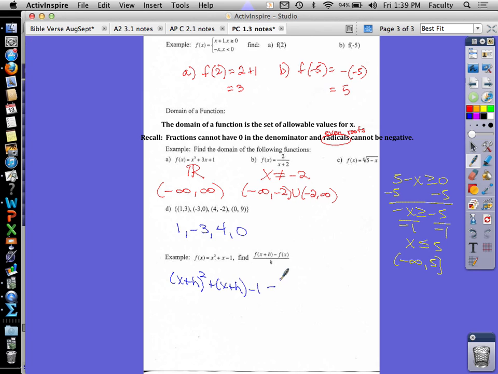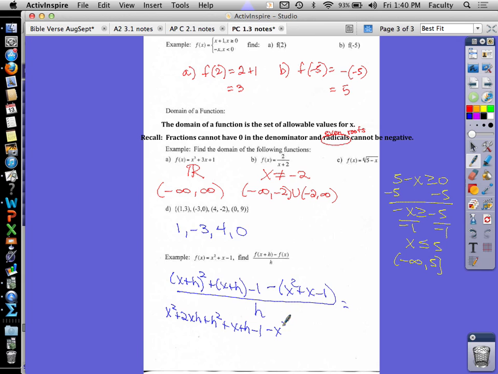Now we're going to do minus, and here's f of x. The nice thing is, once we're done with this, everything should end up canceling except the terms with an h, because that's just the way that this works. So I get x squared plus 2xh plus h squared plus x plus h minus 1.